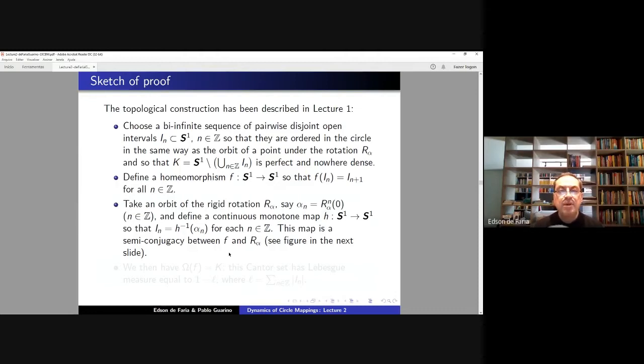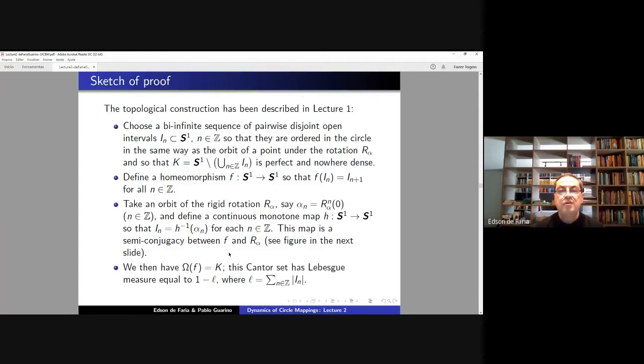Okay, so the I sub n's become like plateaus for the map H, and because of the order structure, there is a unique continuous extension of H to the whole circle, and so you get a continuous monotone map of the circle, and that's a semi-conjugacy between F and the rotation, as you can see in the figure that I'm going to show you in a moment.